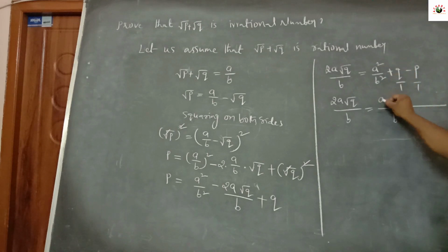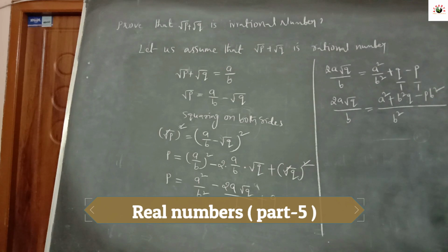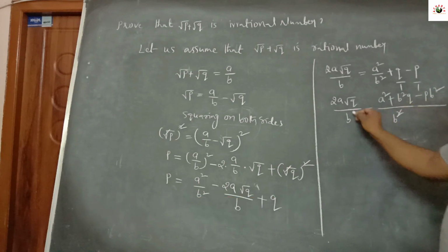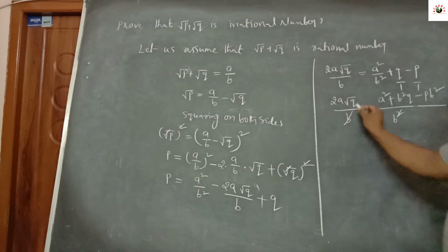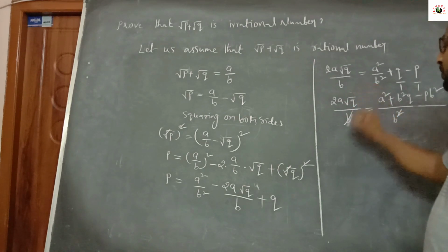So the numerator is a square, then q multiplied with b square, b square q, minus p into b square, p b square. Now the b's get cancelled. Finally, we want only root q.